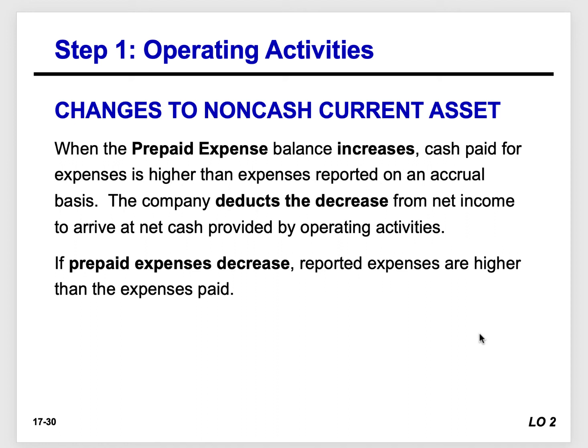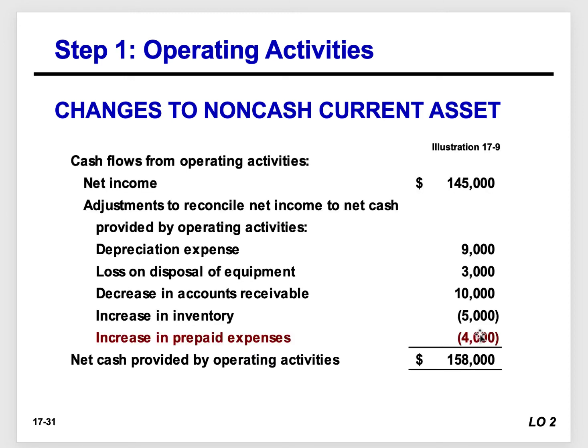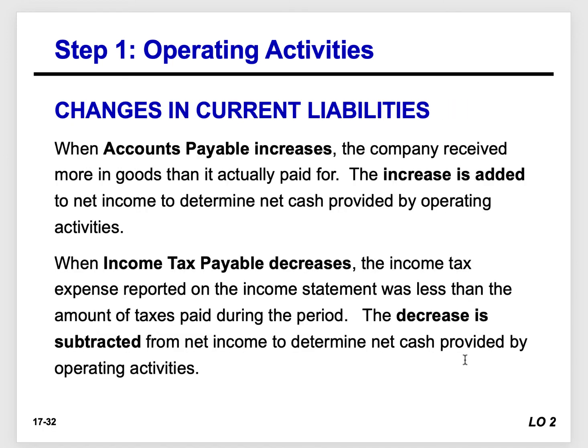So look what it says. If prepaid expenses increase, cash paid for expenses is higher than the expenses reported. Okay? So, look at this. Increase in prepaid expenses. What was that rule I said? If current assets increase, we need to deduct that amount from net income. That's what we're doing here. Okay?